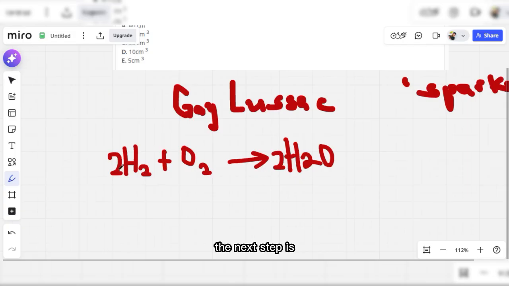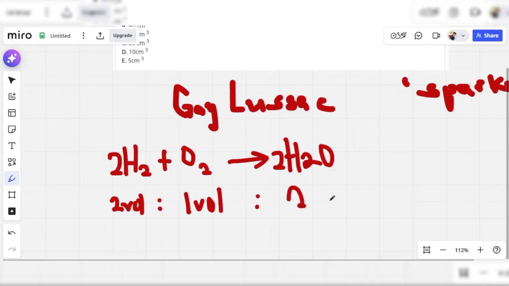So the next step is you now analyze this reaction and you write out the volume of each constituent that is reacting. So here you say 2 volumes of hydrogen reacts with 1 volume of oxygen to produce 2 volumes of water.